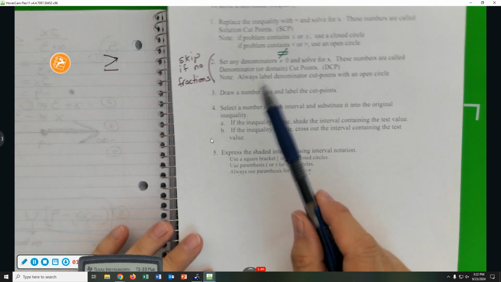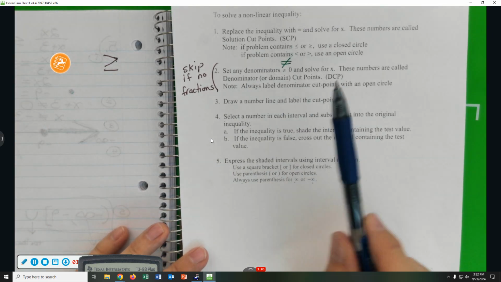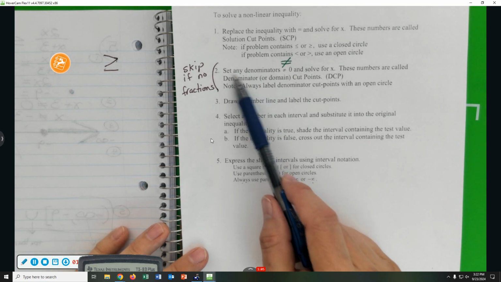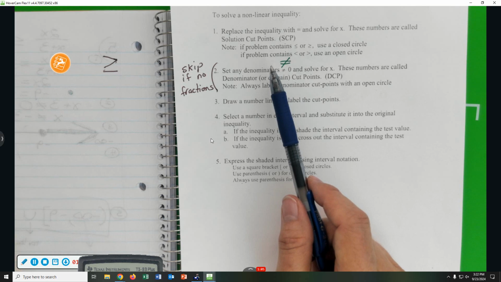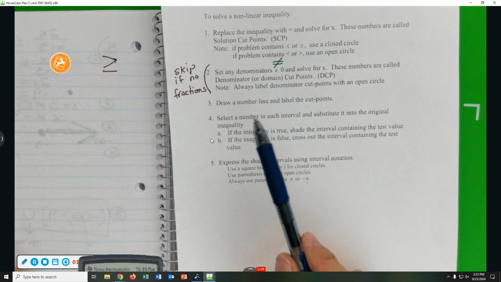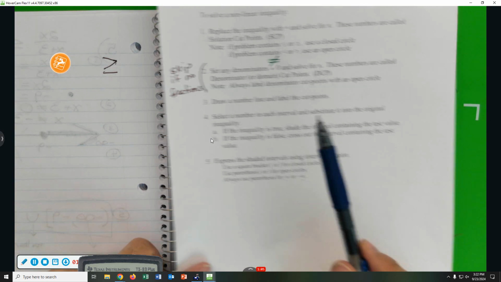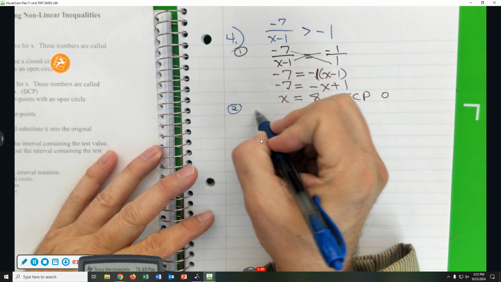Denominator cut point. Set any denominators that appear not equal to 0 and solve for x. There may be more than one denominator. I don't know if there is, but if there were, every denominator that appeared, you'd have to set not equal to 0. The only denominator that appears is x minus 1.